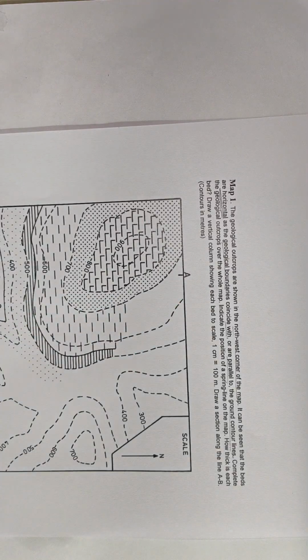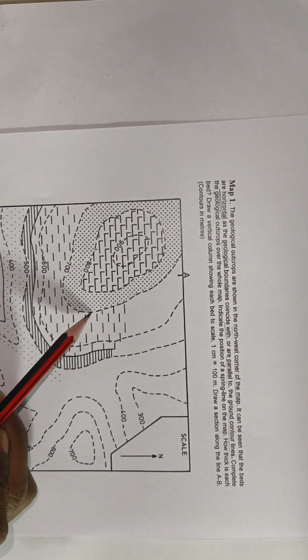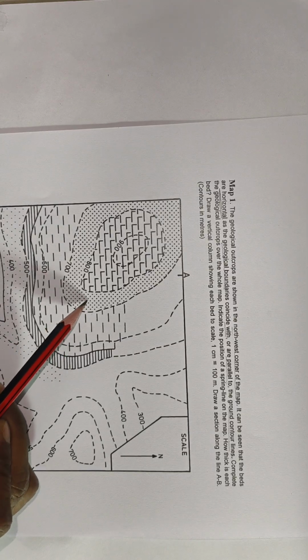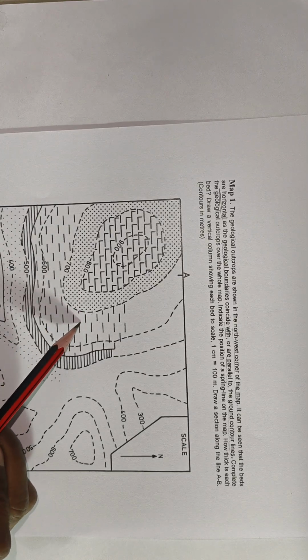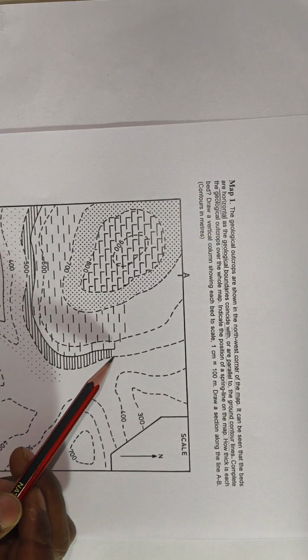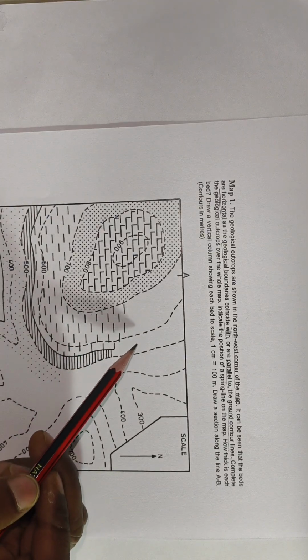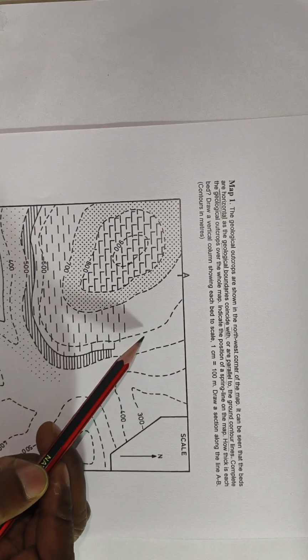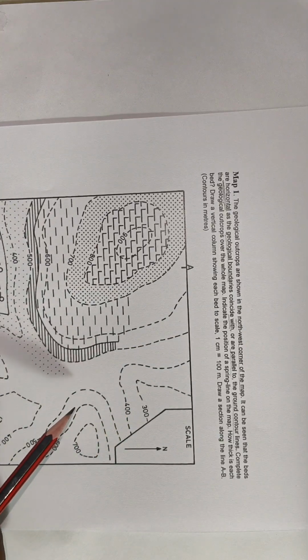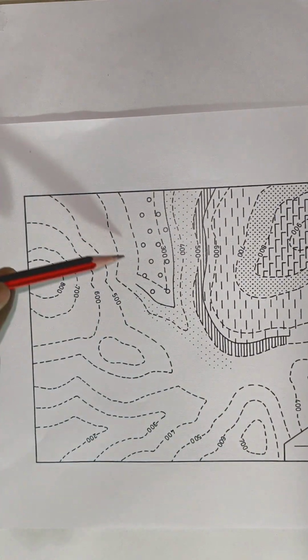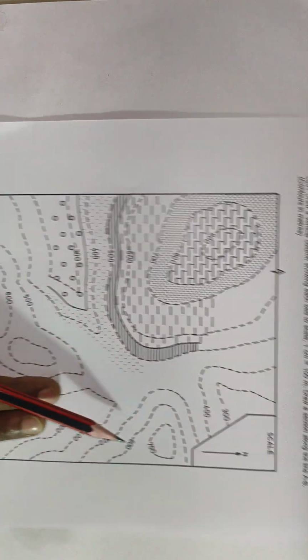This is the boundary, this is one rock type, this is another rock type, this is another rock type, but in between there is a gap, so we have to complete this area also.